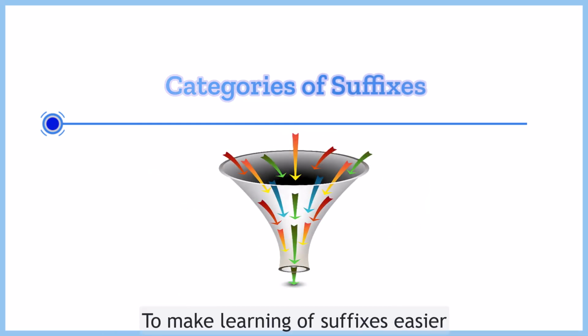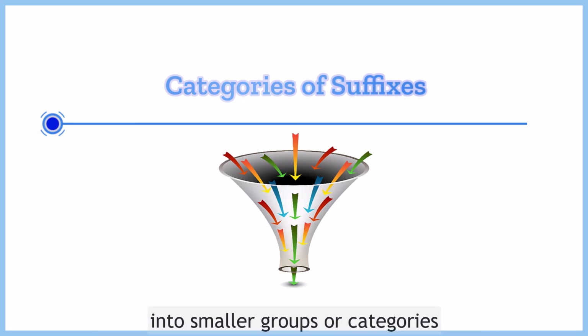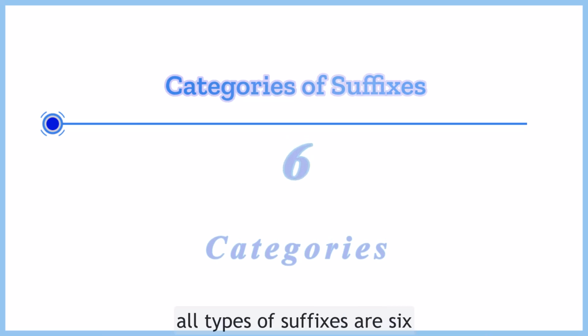To make learning of suffixes easier, let's narrow them down and subdivide them into smaller groups or categories. The categories which are believed to cover all types of suffixes are 6.